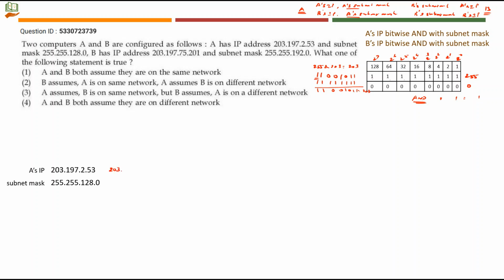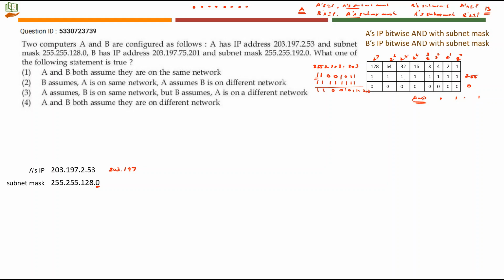What about 197 and 255? When you do AND operation with 255, again 197 will be retained. And just check for the 0 here. We have zeros everywhere when the value is 0: 1, 2, 3, 4, 5, 6, 7, 8. How do you do it for 53? 32 plus 16 is 48. 48 plus 5 is 53.